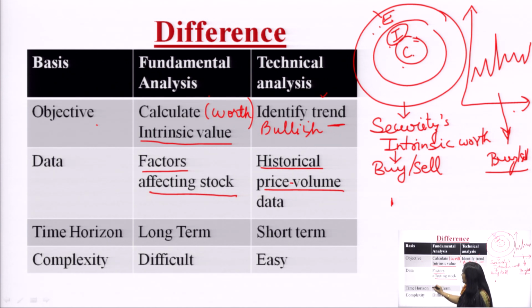Time period: this analysis gives us long term decisions. So, the long term trend is identified with the help of the fundamental analyst, and the technical analyst is finding out the short term trend, because the data is very limited.